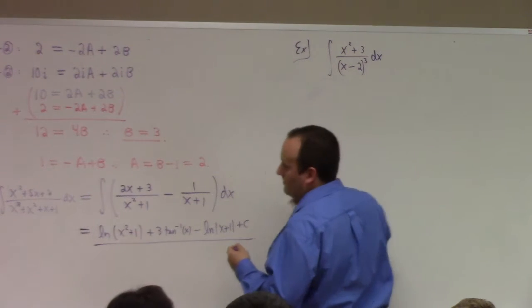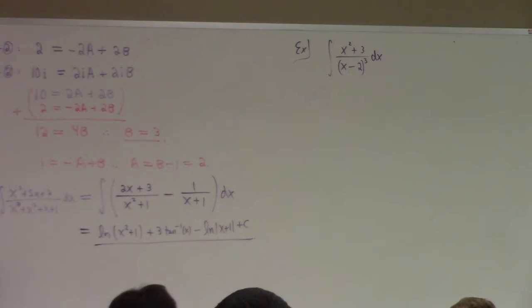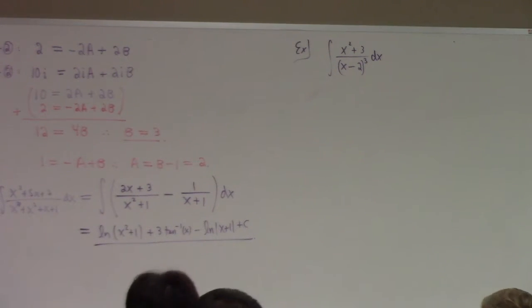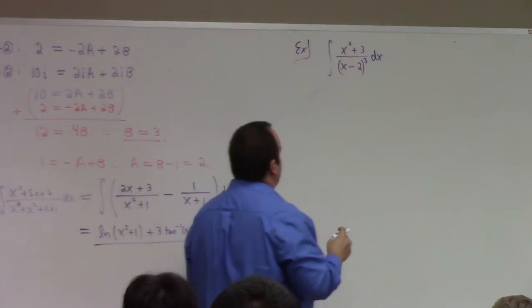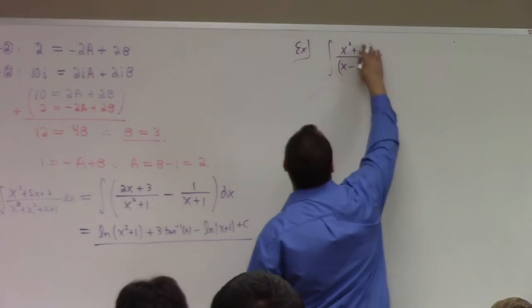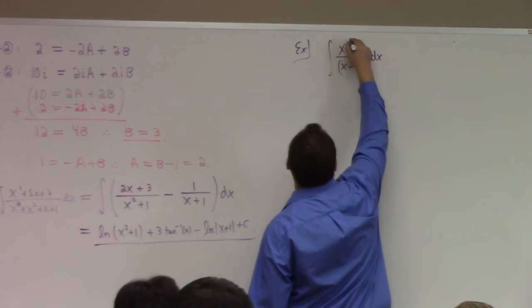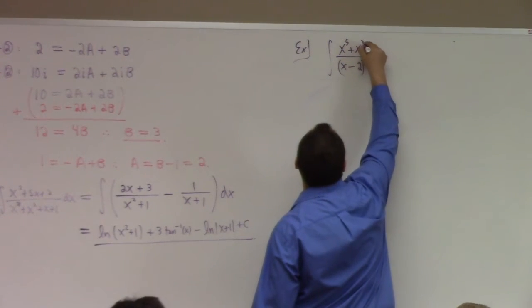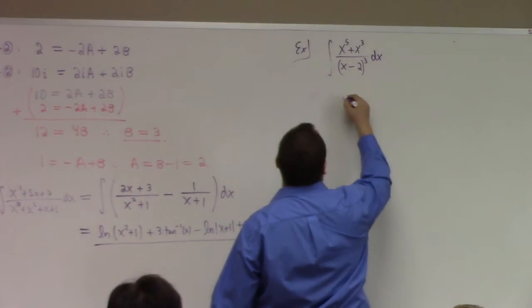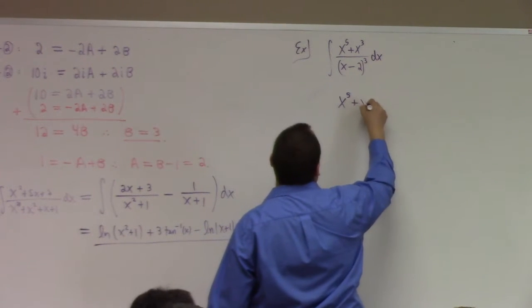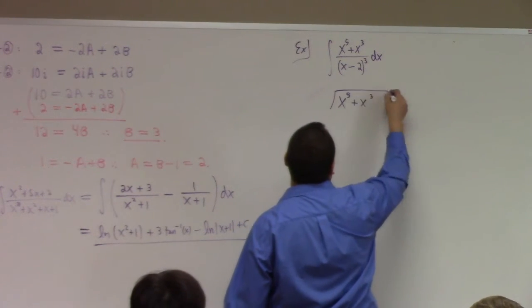Actually, I'm running out of time, right? You got like 8 minutes. I can do it. x to the 5th plus x cubed. I have to divide that by what?